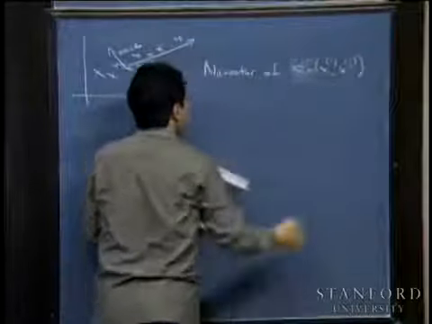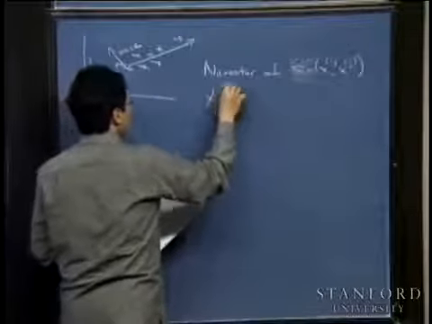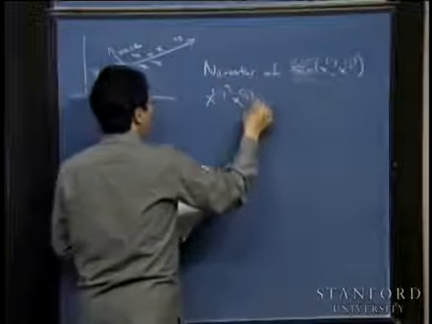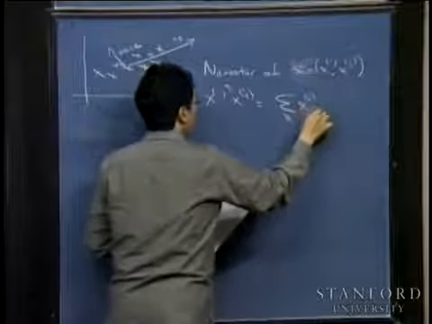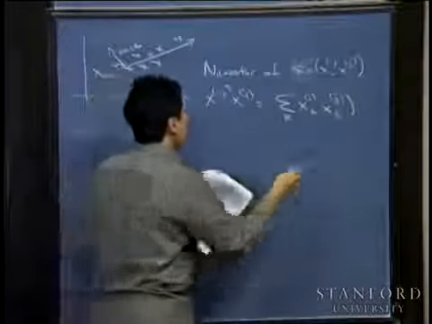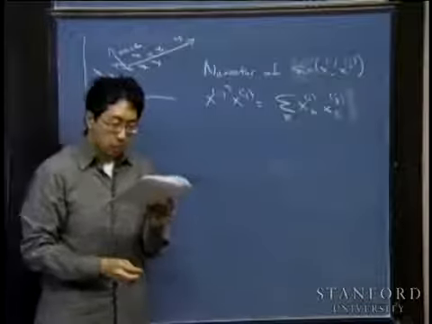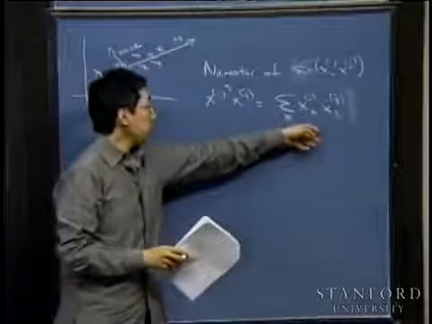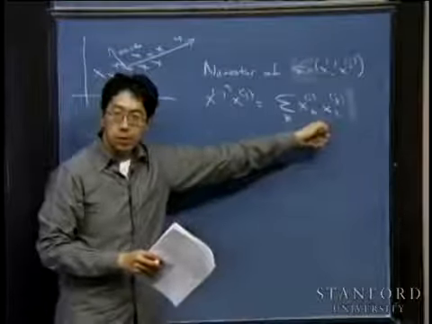The numerator of the similarity between the two documents is this inner product, which is the sum over k of xik times xjk. This inner product will be equal to 0 if the two documents have no words in common.